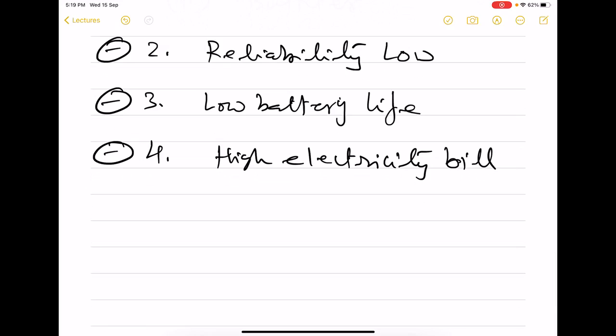And the fifth one, which I have already pointed out: because it has low efficiency, it will be generating less power for any given input DC power. That means the antenna will be getting less power, and the transmitted signal is going to be weaker. That means the distance of reception or the distance of communication is going to be low.